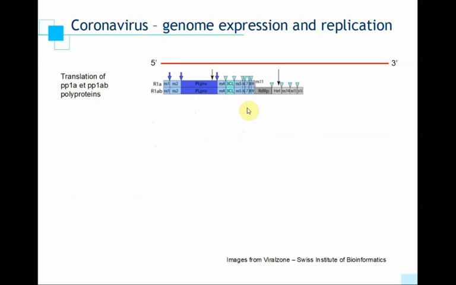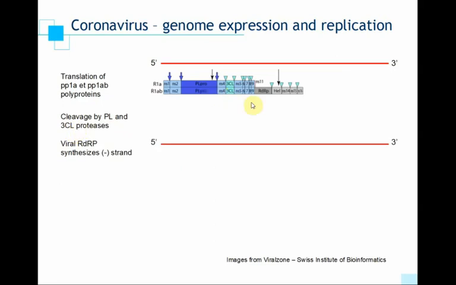Then they've got to be cut into the individual functional proteins. These are the virus proteases that do that, the PL and the 3CL proteases. So the virus codes for its own protease, which chops this polyprotein up into the individual functional proteins. 3CL is the major one.